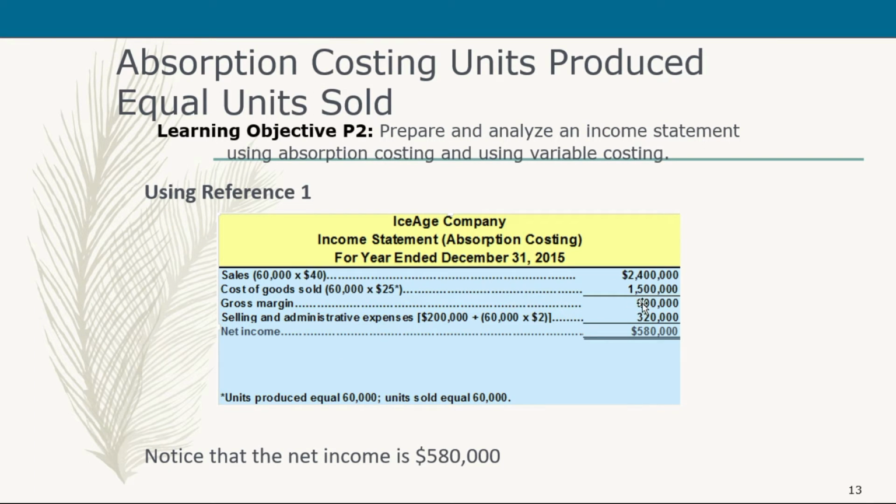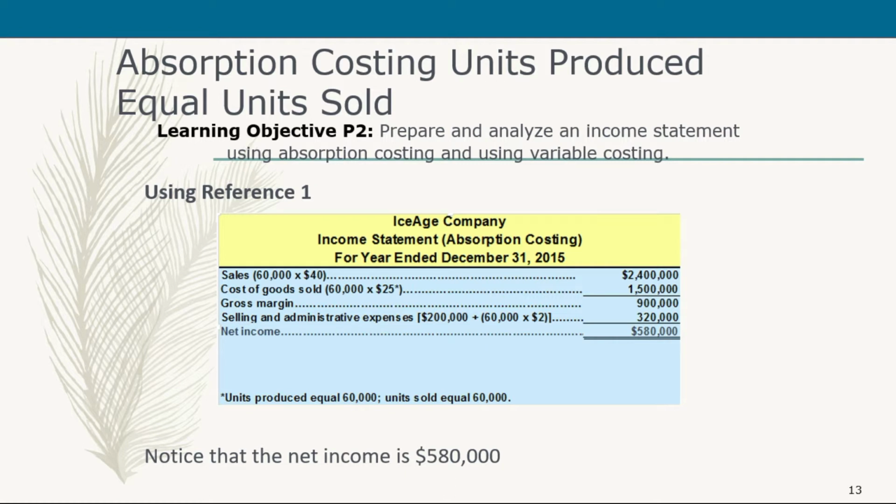And when we deduct your cost of goods sold from your sales, it will give us your gross margin of $900. So the amount here is your selling and administrative expense. It was just given in this instance. Okay, so we have your $200,000 as your fixed cost pertaining to your selling and administrative expense, and your variable cost of 60,000 units that you sold multiplied by the variable selling and administrative expenses per unit.